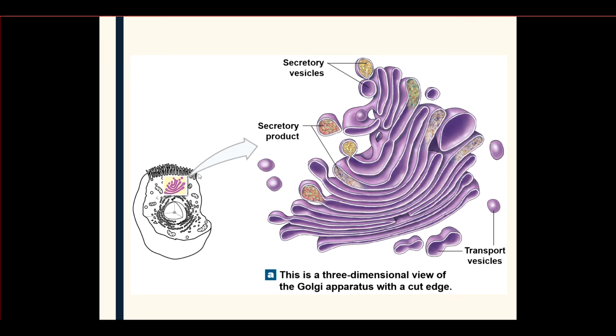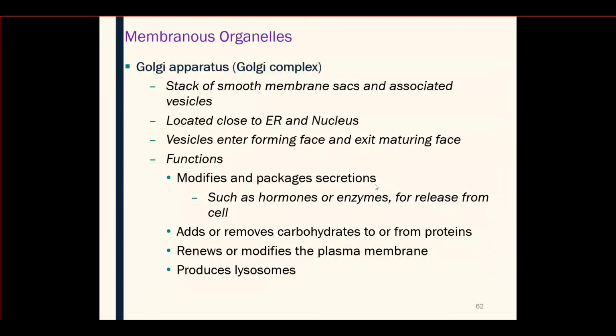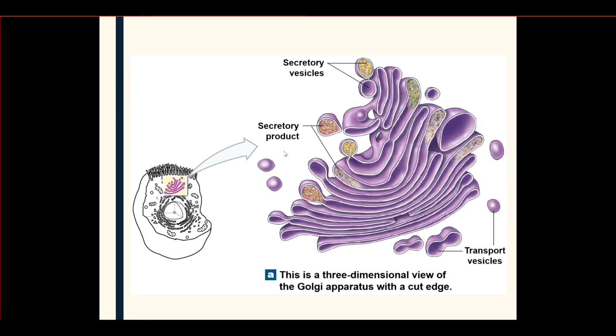Let's take a look. So if you notice, this is where the endoplasmic reticulum was, next to the nucleus. Right? A little bit further away, these folded membranes right here, all of these folded membranes are going to be the Golgi apparatus. Now, those transport vesicles that came from the endoplasmic reticulum are going to enter the Golgi apparatus at something known as the forming phase.